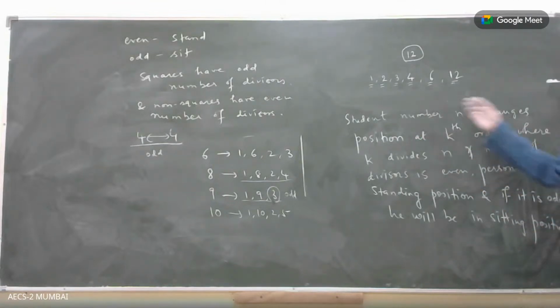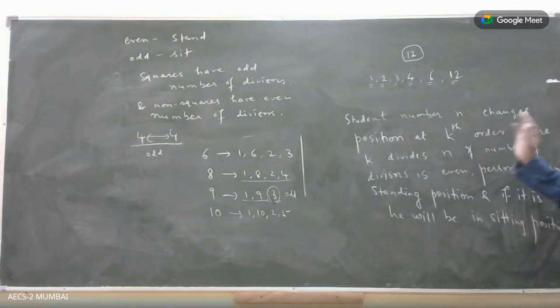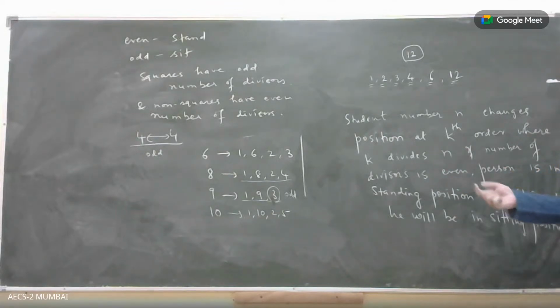So student number n changes position at the k-th order if k divides n. Then which means it changes position how many times? As many as the number of divisors. Right? Okay. So if the number of divisors is even, the person will be standing at the end. And if the number of divisors is odd, the person will be sitting at the end.